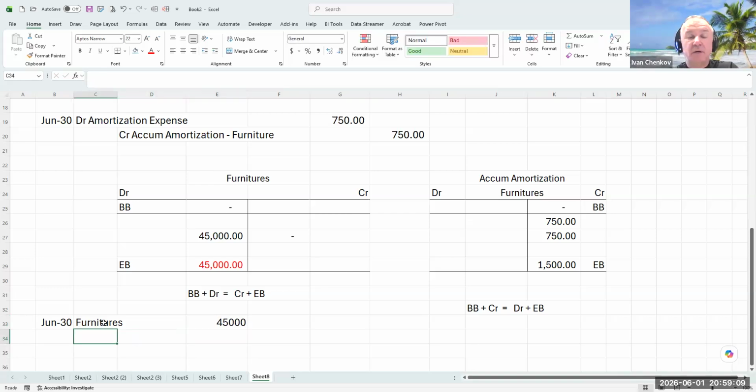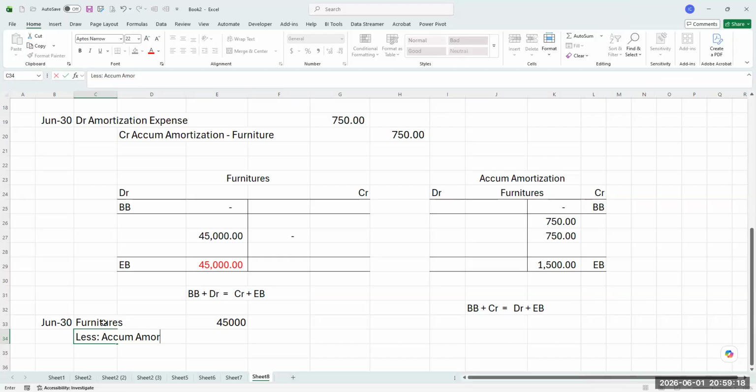Then I'm going to have a new account, which is less, a new calculation, accumulated amortization furnitures.